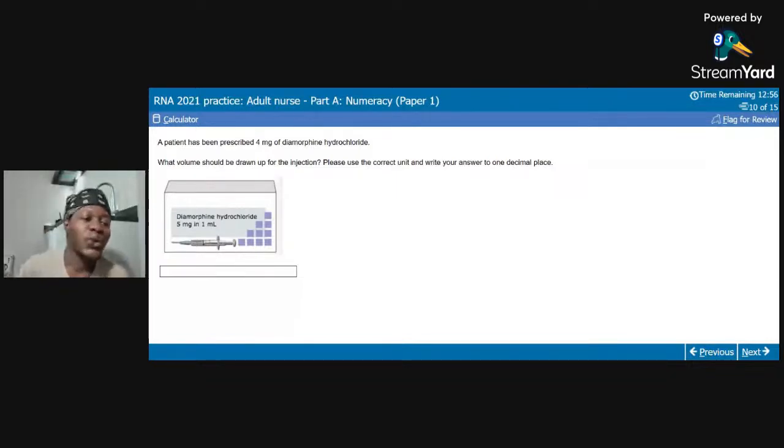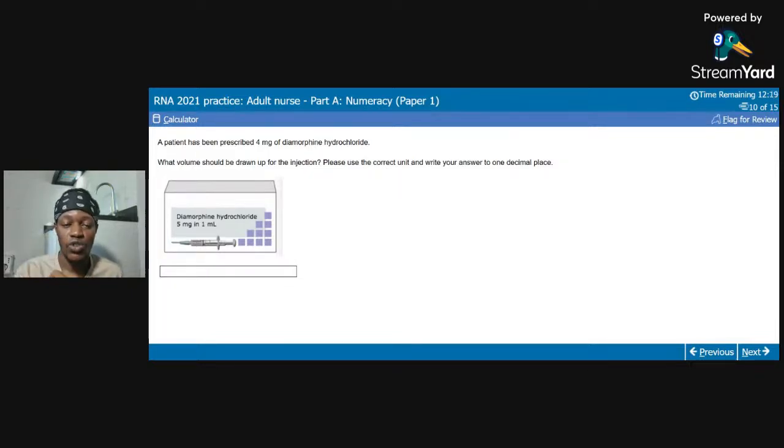Okay, so the patient is to take 4 milligram, which is the prescribed dose, but this medication comes 5 milligram in 1 ml. So what do we do? 5 equals 1, 4 equals x.